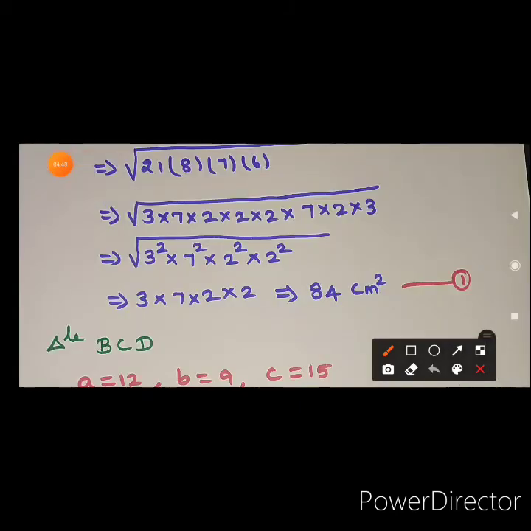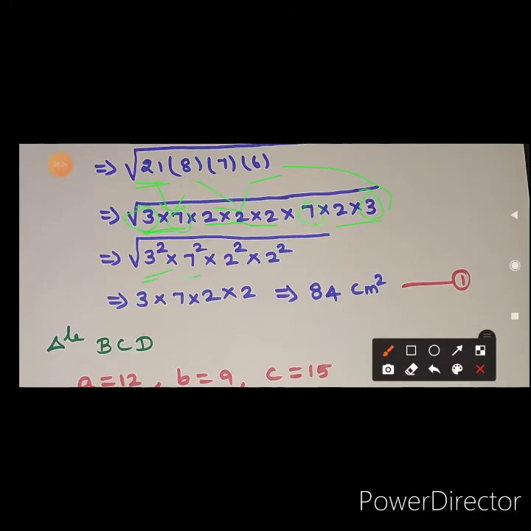We are simplifying. 21 is equal to 3 into 7. 8 is equal to 2 into 2 into 2. Then 7 is as it is. 6 is equal to 2 into 3. Now we are merging the same number. Here 3, here also 3. So 3 square. Here 7, here also 7.